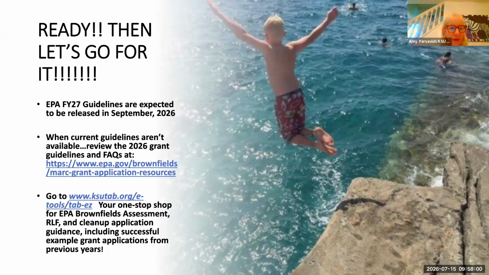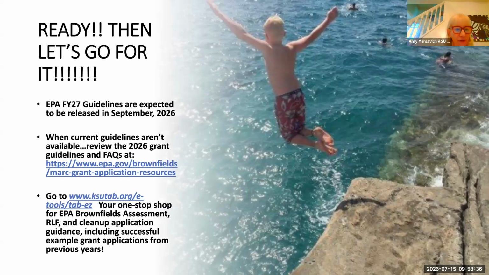And there's the URL for that. We also encourage you to go to the KSU TAB webpage, which is kind of a one-stop shop. You will be able to look at some successful grants. I know John mentioned, and I'm really happy to hear this because I hadn't heard it before, John, that we are going to have the grant applications from this last round posted, and you can see both successful and unsuccessful grants.